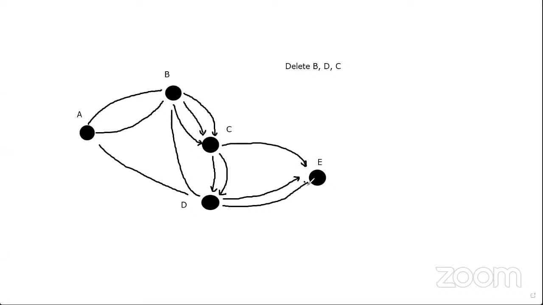Otherwise, it's going to be quite complicated for you. So these are the arrows. The arrow indicates that you have to go in that direction. So from this D, you cannot go to C.